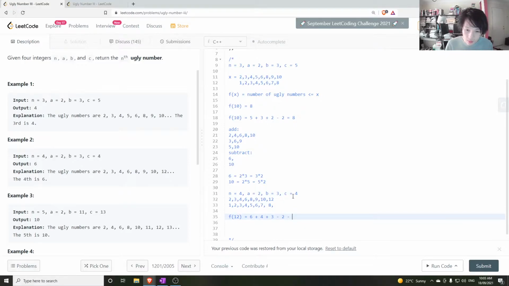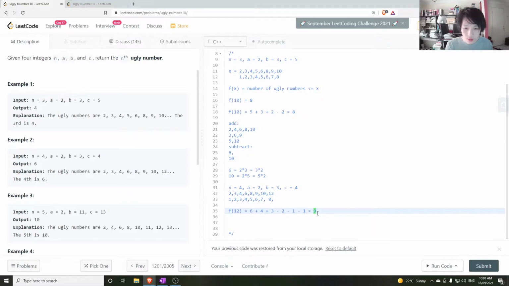Let's subtract multiples of 12, that's 1. And let's also subtract multiples of 4 times 2, which is 8. And there's also one of those. So in the end, initially this was 13, and this is 4, so we get 9. But the answer is 8. So what happened there?